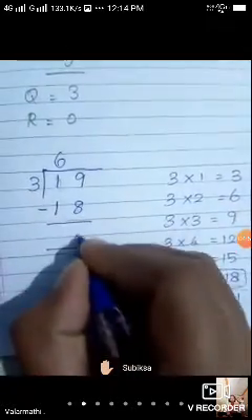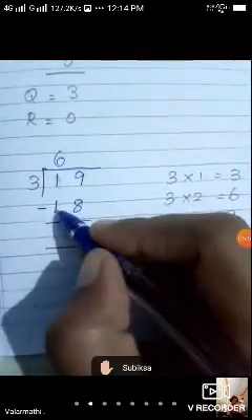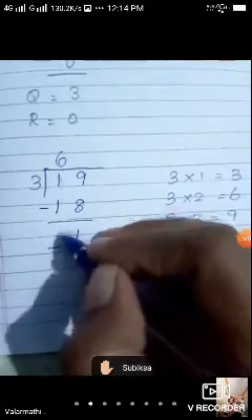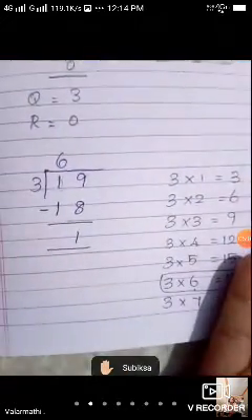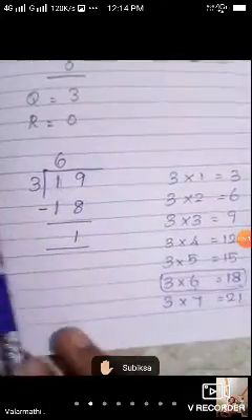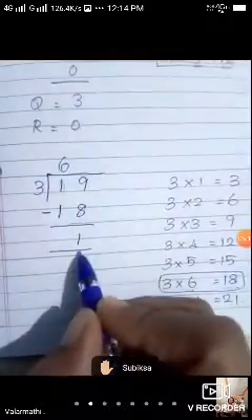You will get 1. Then 1 minus 1, 0. So no need of writing that 0. If it is after, we have to write. If the 0 is coming before any number, no need to consider that 0. So the remainder is 1.